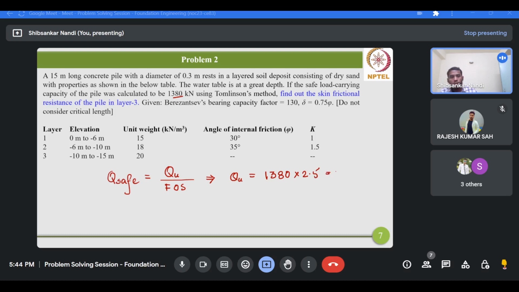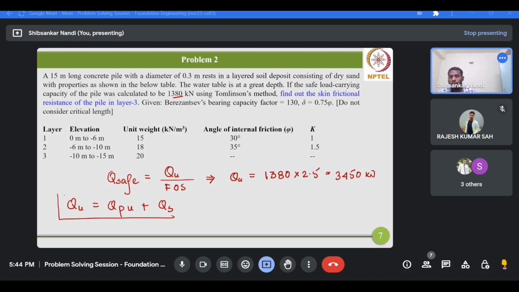So 1380 times 2.5 is 3450 kilonewton, the ultimate load carrying capacity of the given pile. This has two components: the point load bearing capacity, and the ultimate skin friction resistance.